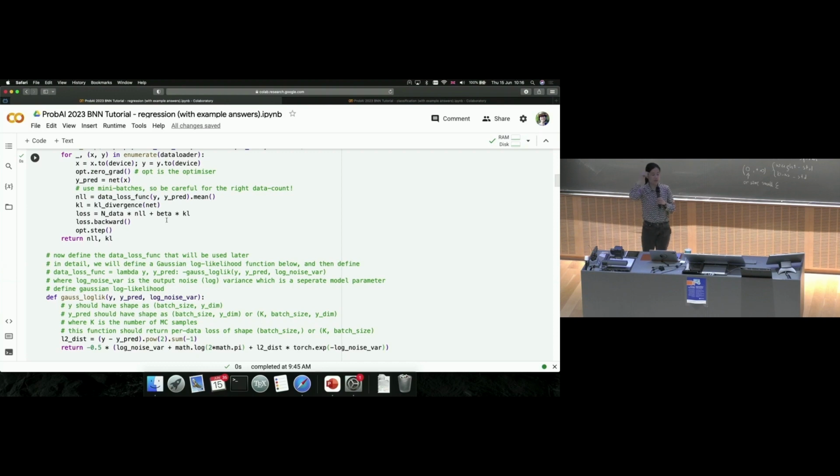One way is to think about how you can actually change beta during training time to help your model fit. Probably when you start to play around with different initialization of your variational parameters and different numbers of training steps, you will find that if you initialize your Q distribution with way too big variance, then essentially it will start to underfit.